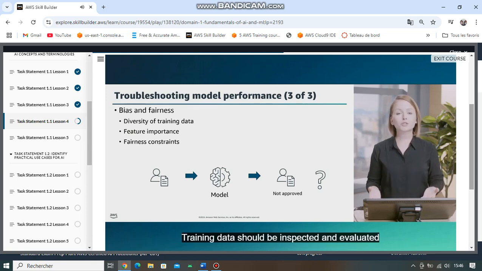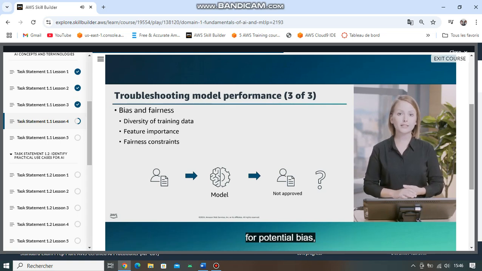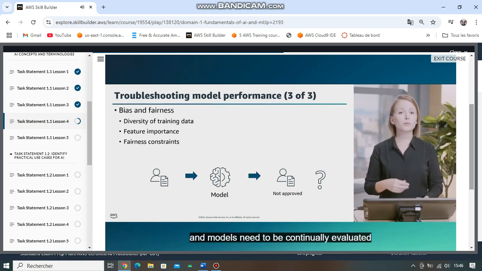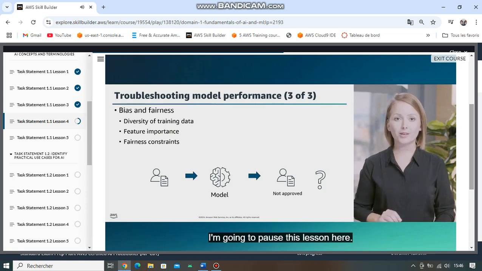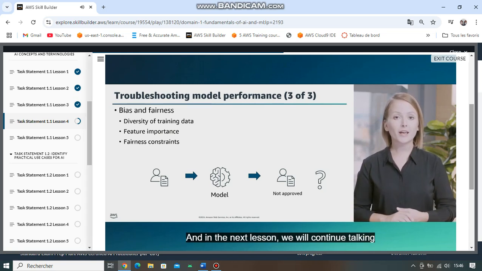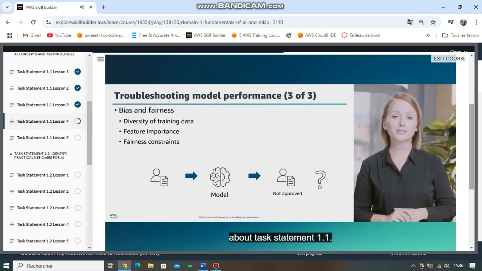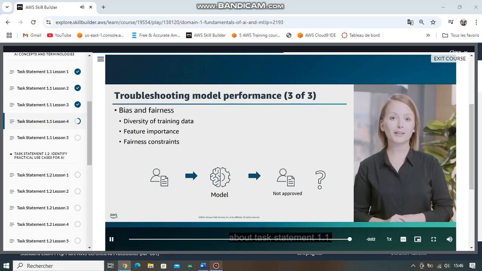Training data should be inspected and evaluated for potential bias, and models need to be continually evaluated by checking their results for fairness. I'm going to pause this lesson here, and in the next lesson, we will continue talking about task statement 1.1.